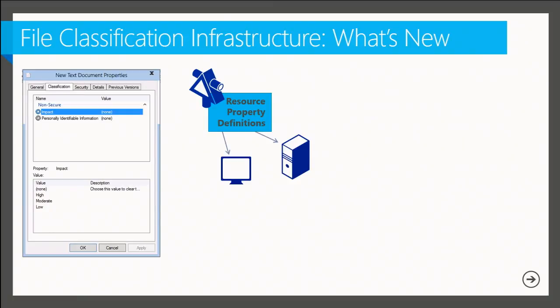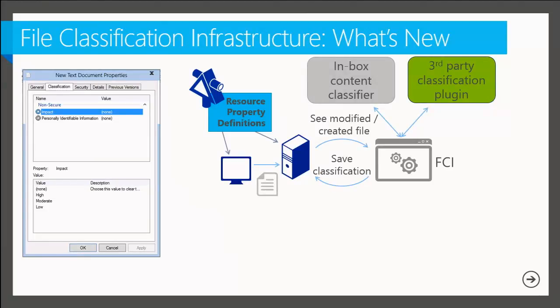That's not good enough. To really do security around this, we have to have a central repository that explains how we describe data. So what we did is we extended AD. We extended AD to define classification properties, resource properties, in Active Directory, so that taxonomy can be utilized by all the file servers in the organization, as well as any clients that actually allow you to manually classify files.